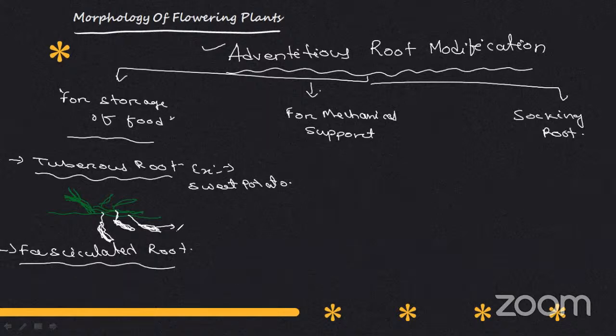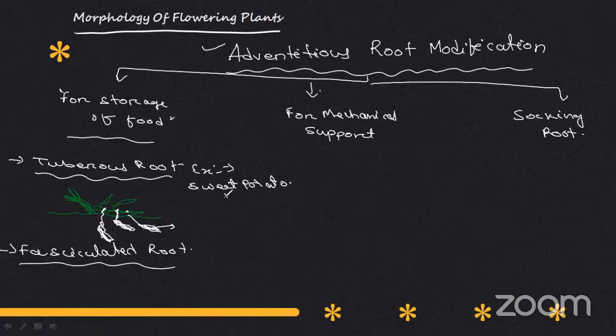Okay, that is your sweet potato. In Odia, this sweet potato is called kanda. So this kanda is actually a root. This sweet potato is actually a root, but it is not the taproot. It is developed from the node of the stem, and it is growing inside the soil. This is your adventitious root.